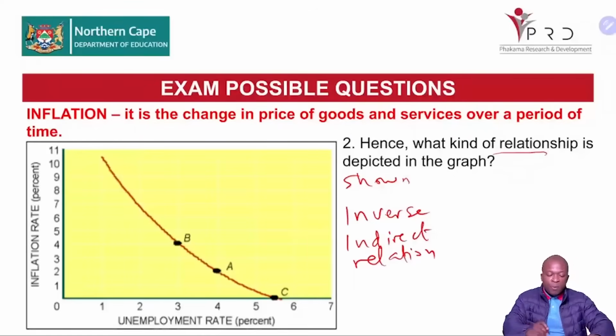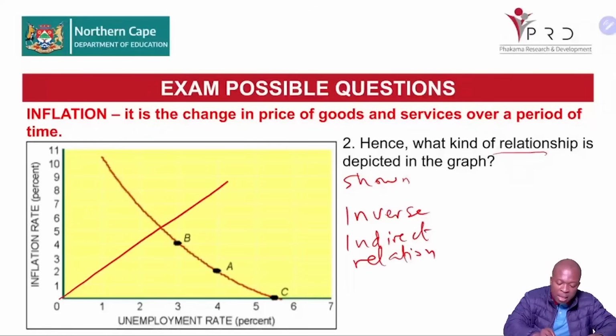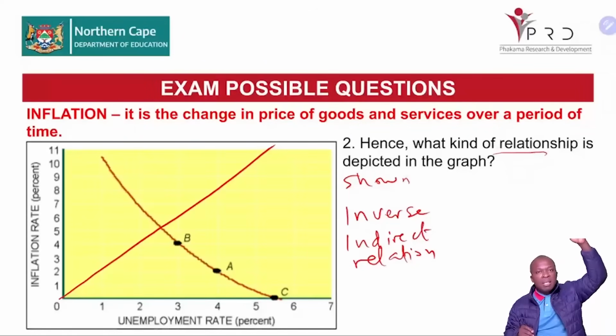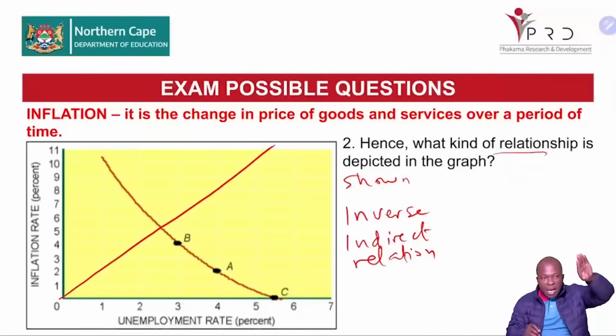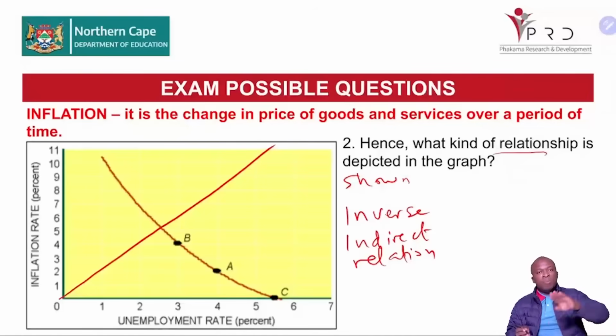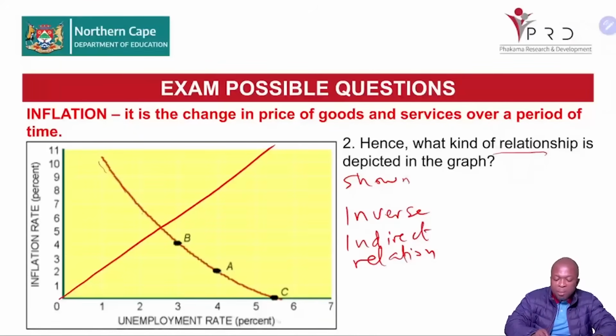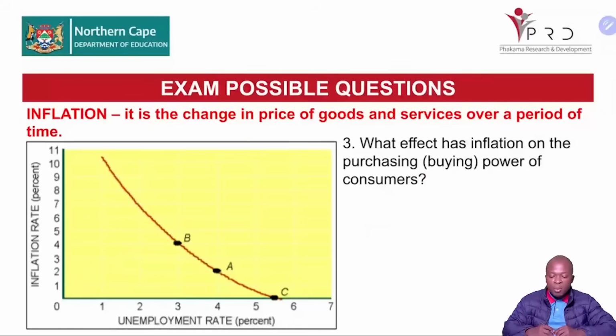So if it was direct, it would be like a straight line where one quantity increases, the other also increases in the same proportion. But we see that our line is curving. It means that one quantity is reducing, but the other one is increasing. You can see the inflation rate is dropping, but unemployment is becoming higher and higher. So this is what? An inverse or indirect proportion.